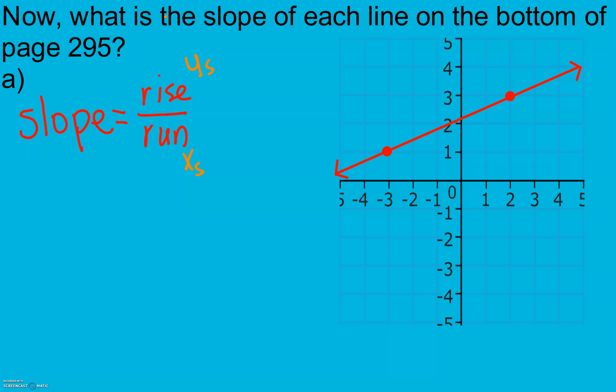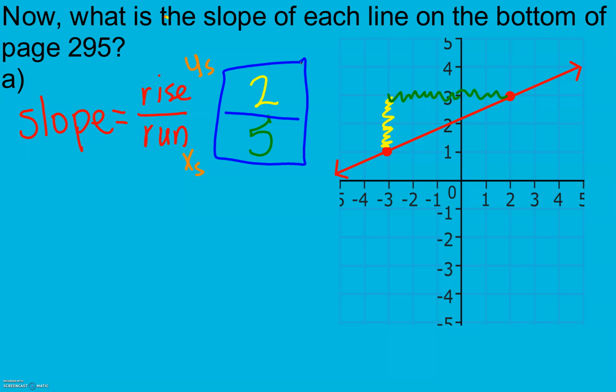My rise then, to go from my left point to my right, I have to go up 1 spot, 2 spots. So my rise is up 2, which makes a positive 2. My run, I go over 1, 2, 3, 4, 5. So rise over run gives me my slope, and 2/5 is what we're looking for there.